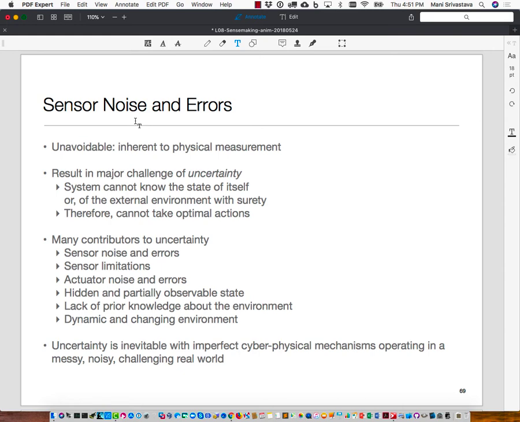So what happens because of this noise and error is that we end up getting lots of uncertainty in the measurement that we are taking in. A very common way to think about it for a lot of sensors is that the measurement noise is Gaussian. So let's say I'm trying to measure distance to the opposite wall.